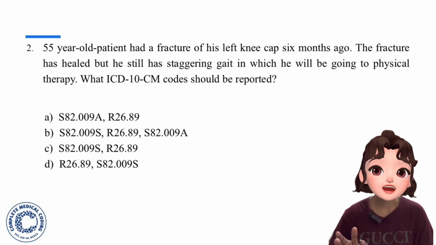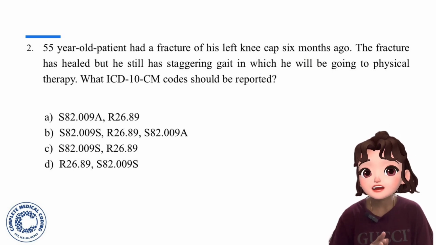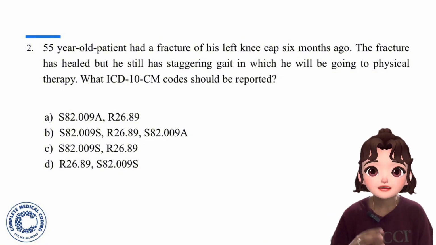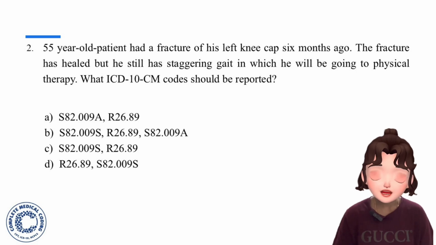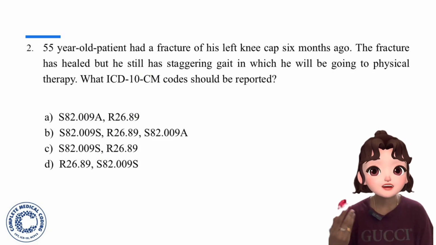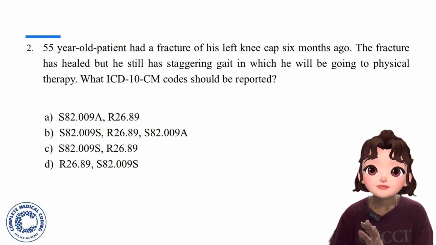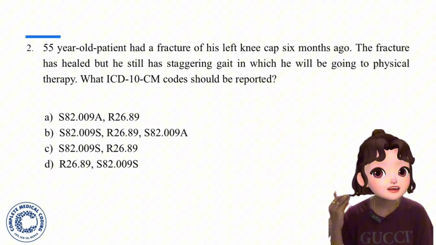So it means he is having some problem with walking. That is what is mentioned as staggering gait, which is an abnormality in walking. It's a type of abnormality that can be caused by some underlying condition. Here, what is the underlying condition? It is caused by the fracture. In the question, what is mentioned? The fracture has healed. So it means the fracture has already healed.